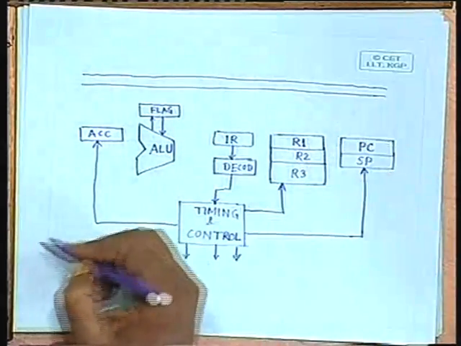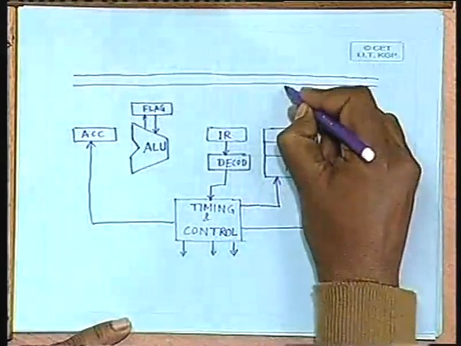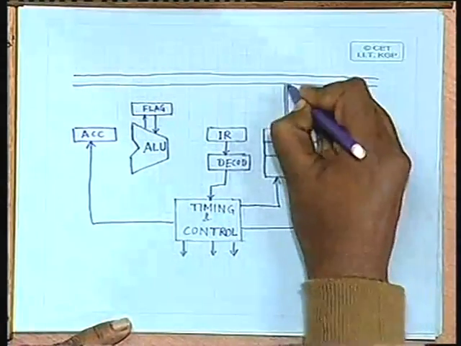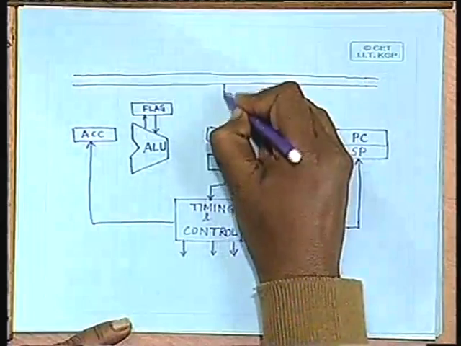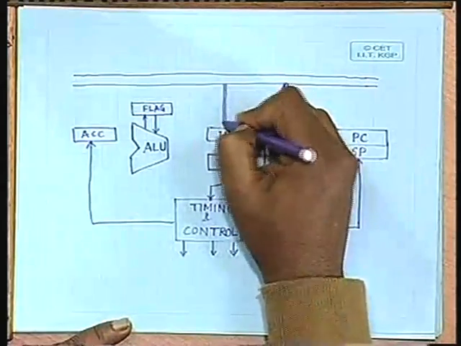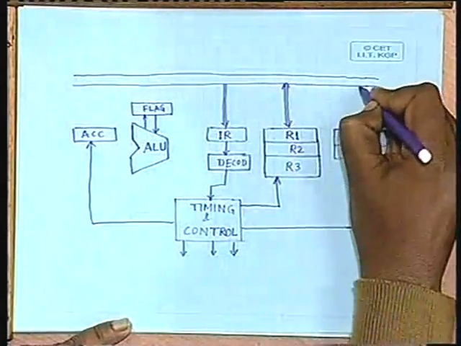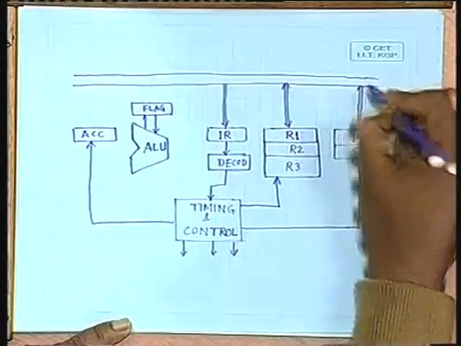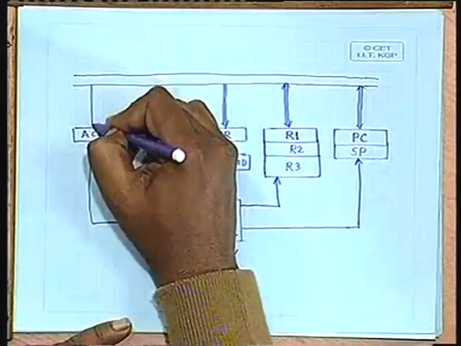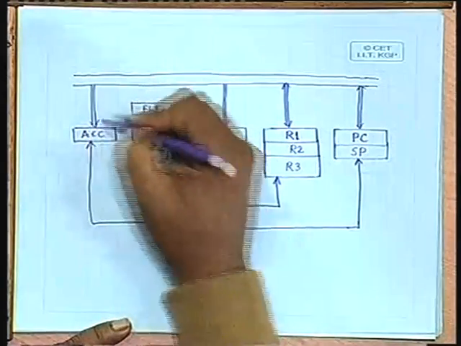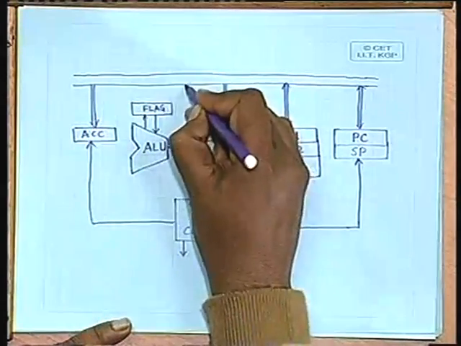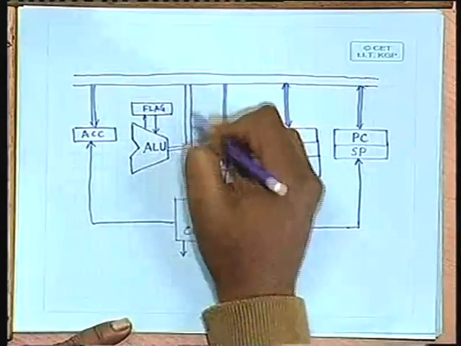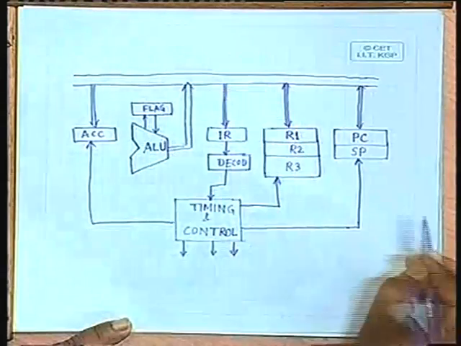All these units, whether these are general purpose registers of the CPU, the instruction register, program counters or stack pointers, the accumulator, and of course the output of the arithmetic and logical unit, are all connected to this data path.